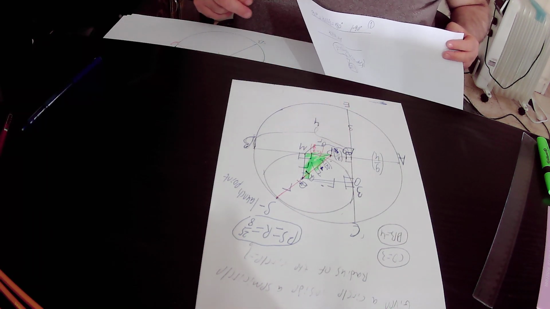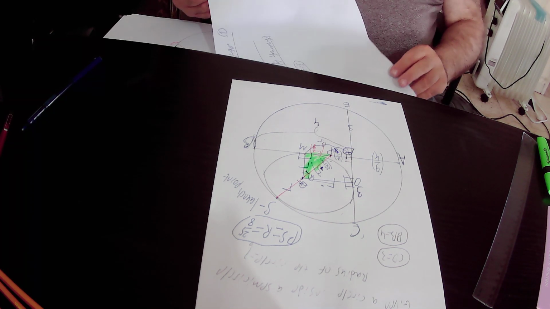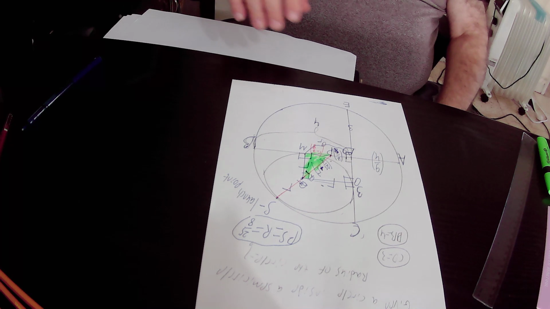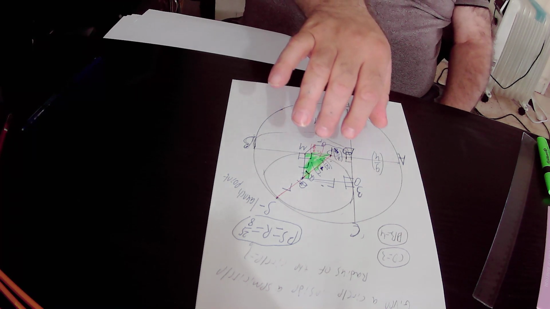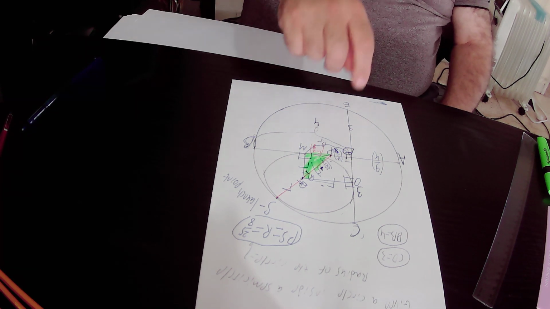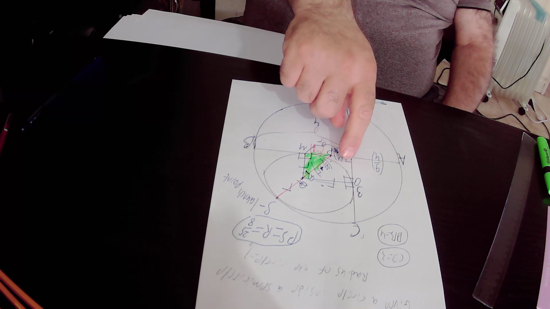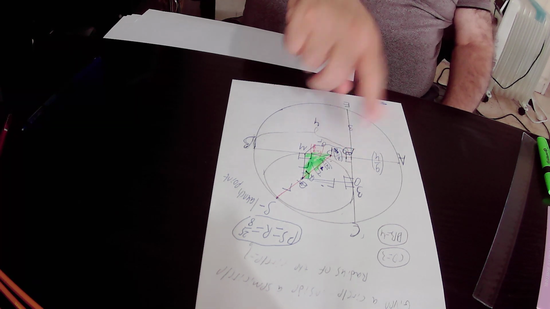Okay? So actually, I've already mentioned that the lower semicircle is the mirror image of the upper semicircle, and this angle equals 90 degrees. Angle CDB equals 90 degrees, and angle EDB also equals 90 degrees.